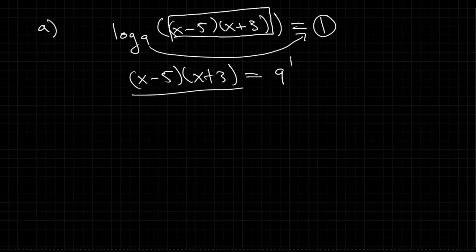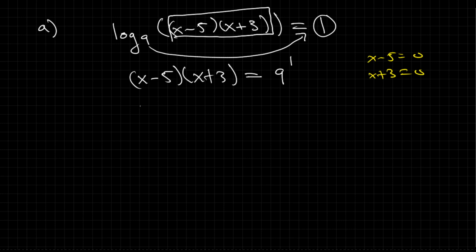Now, if this right-hand side was 0, it would be a very easy quadratic equation to solve because we just set x minus 5 equal to 0 and x plus 3 equal to 0 and get our answers. However, the right-hand side is not 0, and so in order to solve this quadratic equation, we're going to have to distribute this left-hand side and then move the 9 to the left-hand side and solve from there.